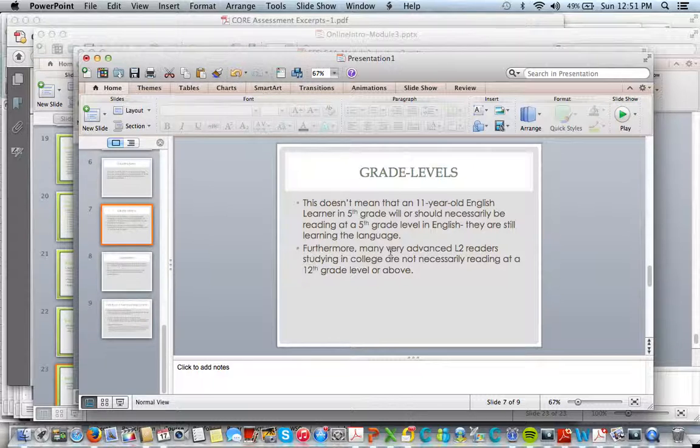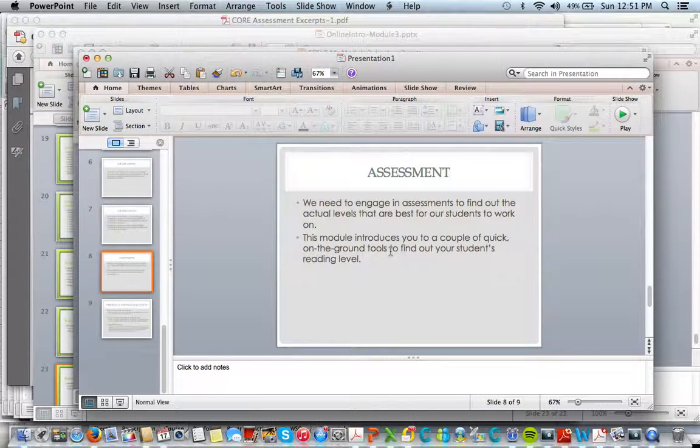Don't assume that just because they're of a certain age or of a certain education level that they're necessarily matching up with these grade levels of texts. So what do we need to do to find out? We have to engage in assessment in order to find out the actual levels that are best for our students to work on.